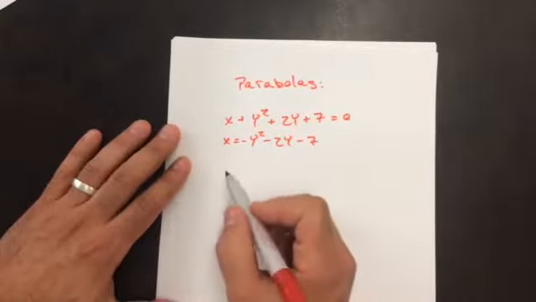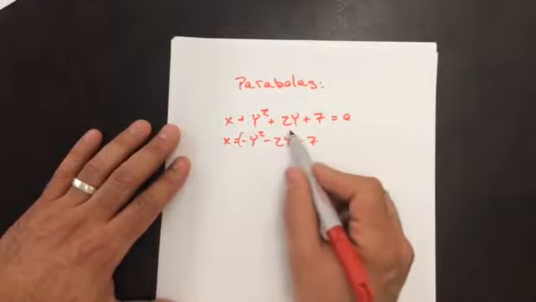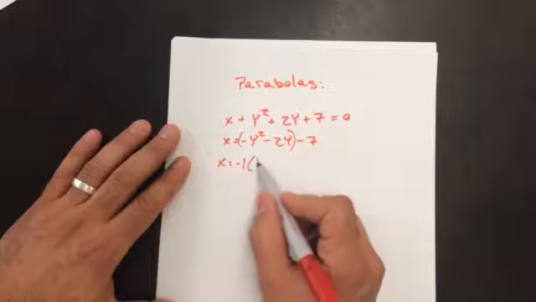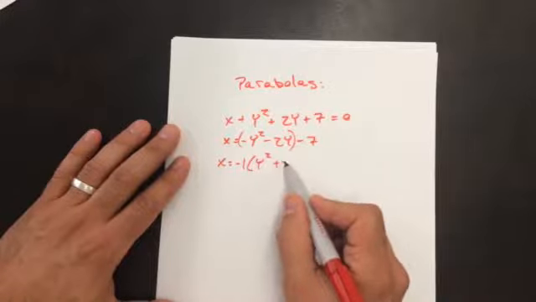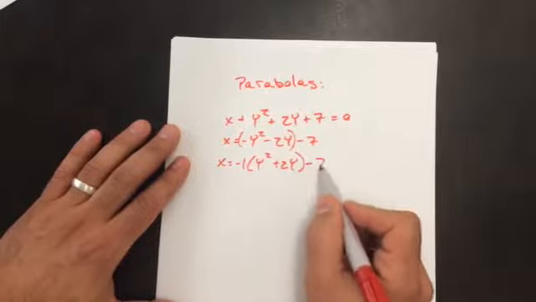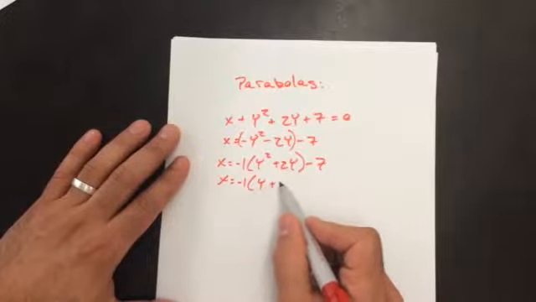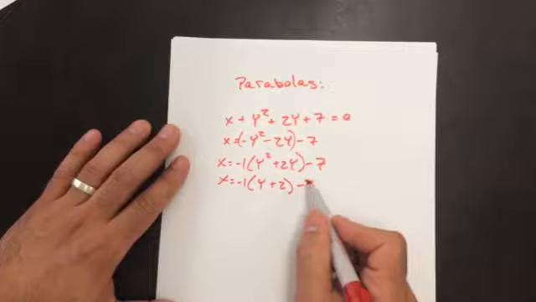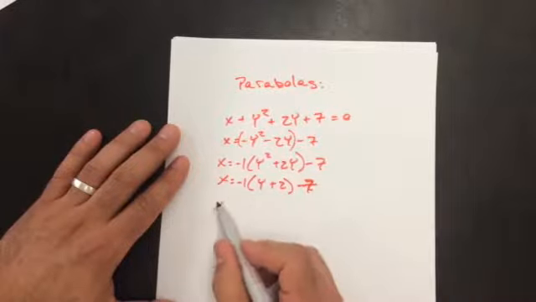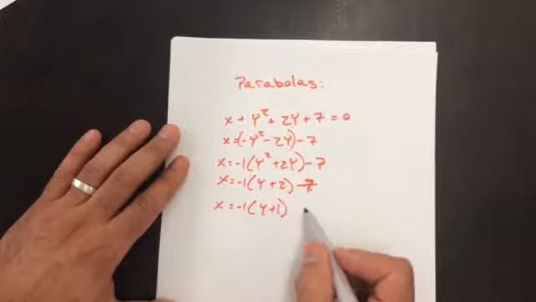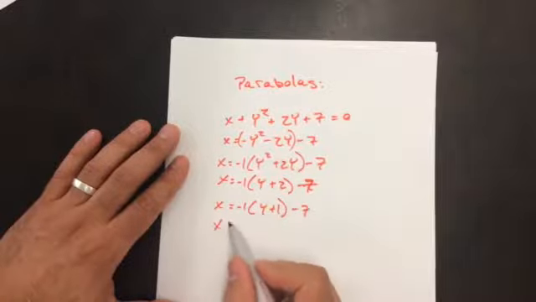So now we have to go through the process of completing the square. So I'm going to trap the y's. I have to factor out the negative 1. I'm going to drop a y from each of them. I'm going to divide by 2. I'm going to square it.